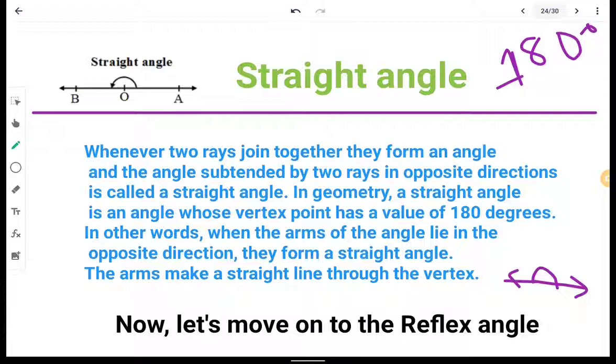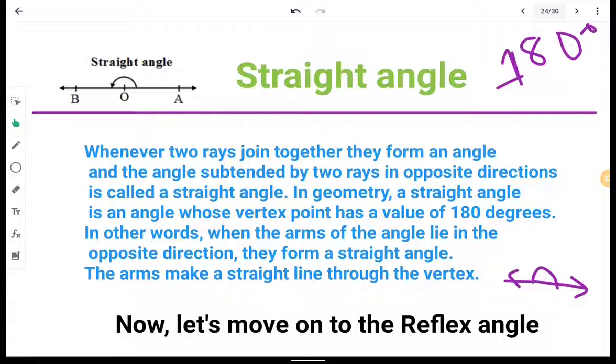Good. Now let us go to the definition. Whenever two rays join together, they form an angle, and the angle subtended by two rays in opposite directions is called a straight angle. As I already told you, you can make a mirror image, or they are subtended in two directions. In geometry, a straight angle is an angle whose vertex point has a value of 180 degrees. I already told you it has 180 degrees.